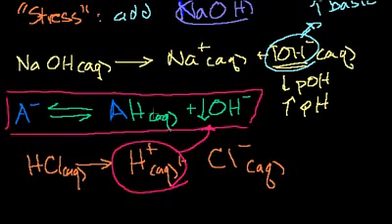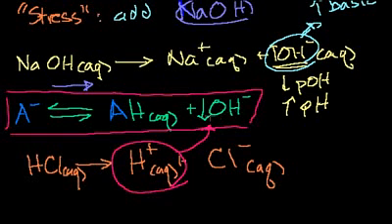And Le Chatelier's principle tells us, look, if we have a stressor that is decreasing our overall concentration of OH, then the reaction is going to move in the direction that relieves that stress. So the reaction is going to go in that direction. So you're going to have more of our weak base turning into a weak acid and producing more OH.